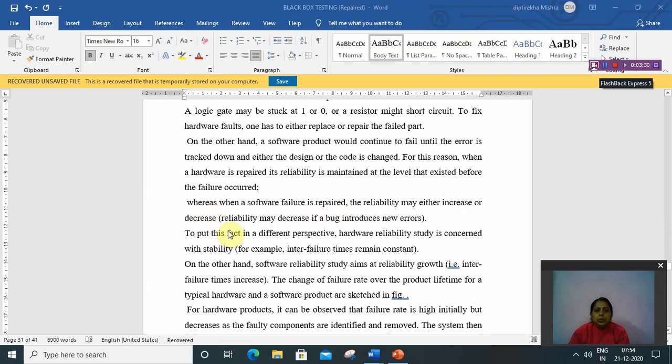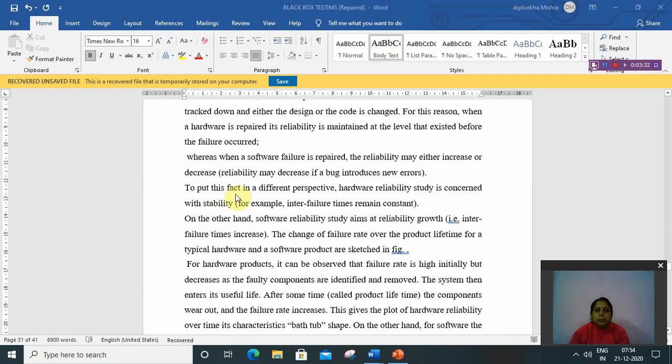To put this fact in a different perspective, hardware reliability study is concerned with stability. Hardware reliability is stable, meaning after repair or replacement of the component, it maintains the reliability constant over a time period.